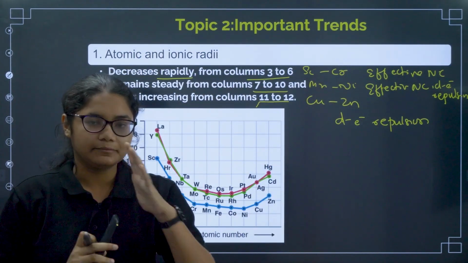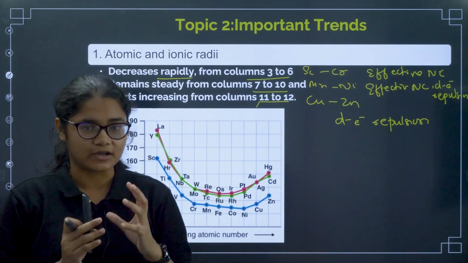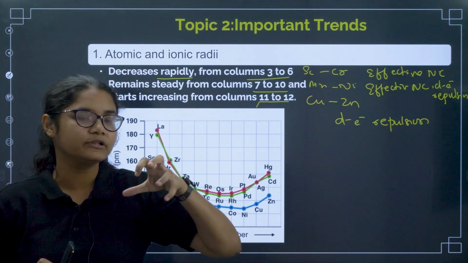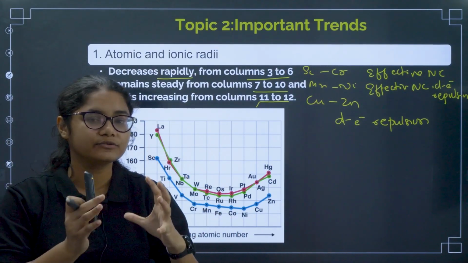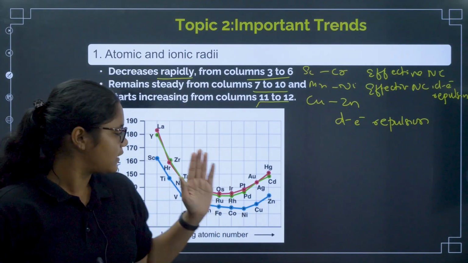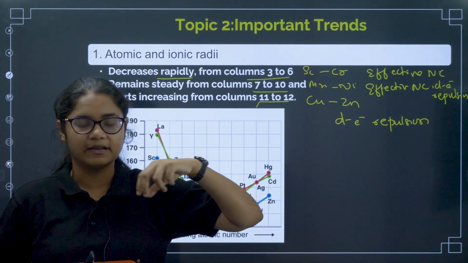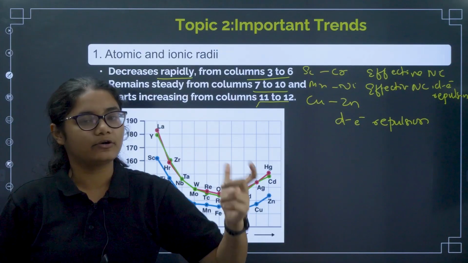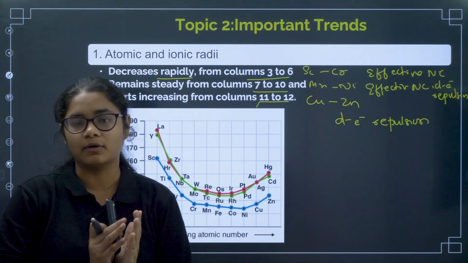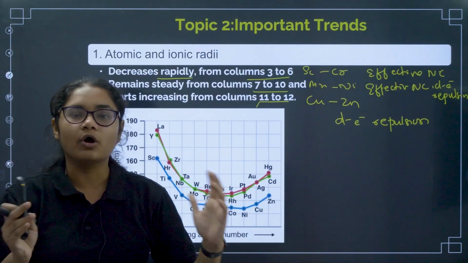So if you can understand, effective nuclear charge wants to pull the electron towards itself and wants to reduce the size of the atom. And as we go across the period, the d electrons are getting filled, so there will be inter-electron repulsions between the d electrons, so that wants to expand the size. So there is a conflict between them.